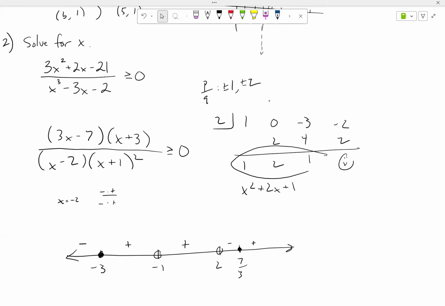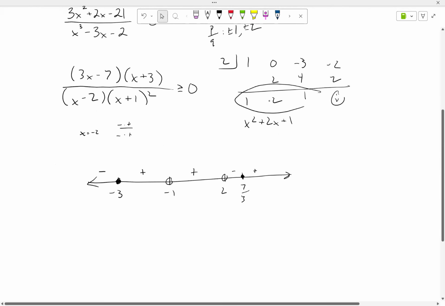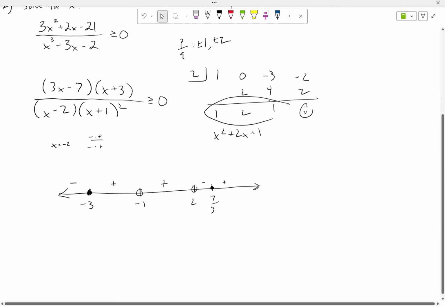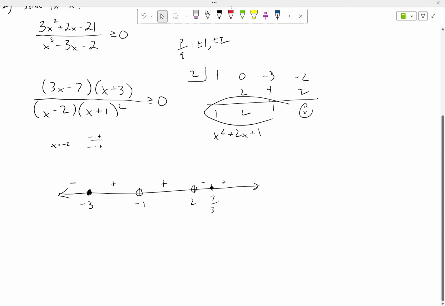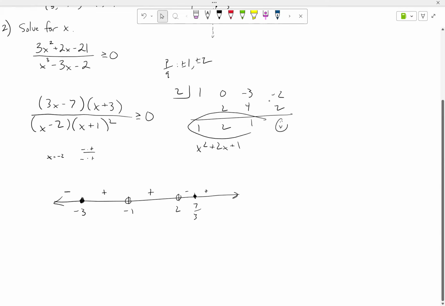We couldn't just look at the top. So the final answer: I'm going to call on someone in just 10 seconds. Make sure that you wrote it correctly. Let's solve for x. For what values of x is that function greater than or equal to 0?